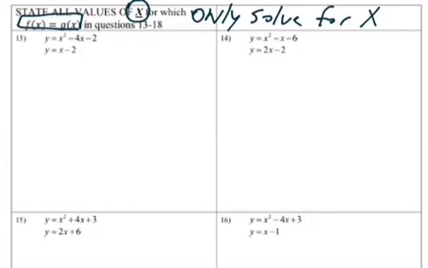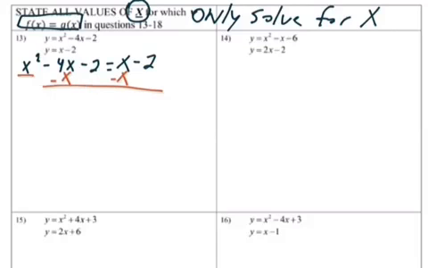But for question number 13, you will take and do x squared minus 4x minus 2 equals x minus 2. Since you have an x squared, you're going to set the quadratic equal to 0. So minus x from both sides, x squared minus 5x minus 2 equals negative 2.